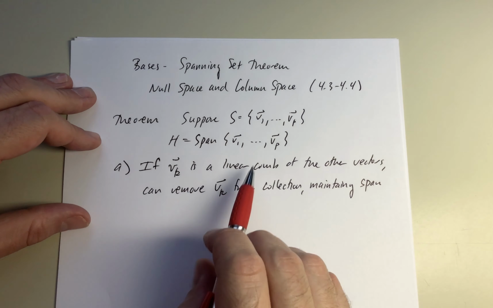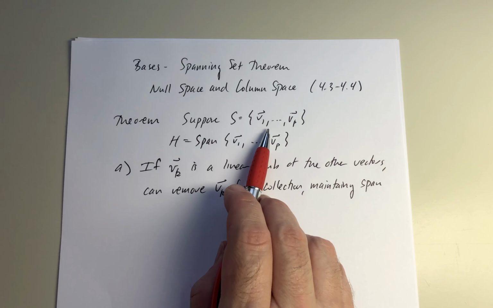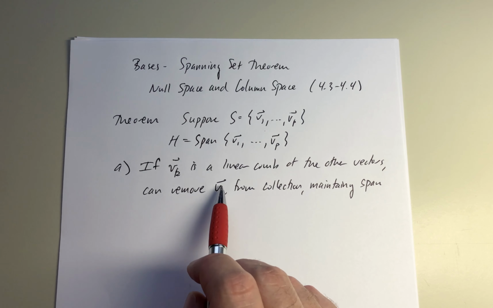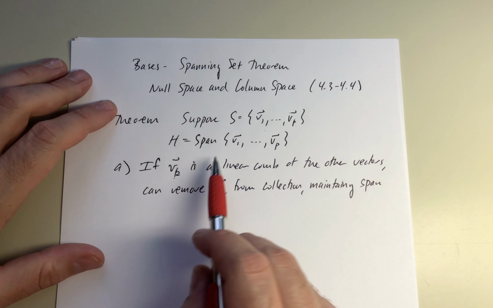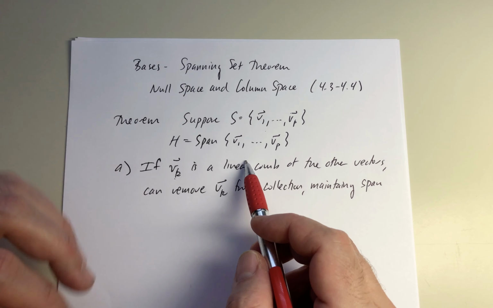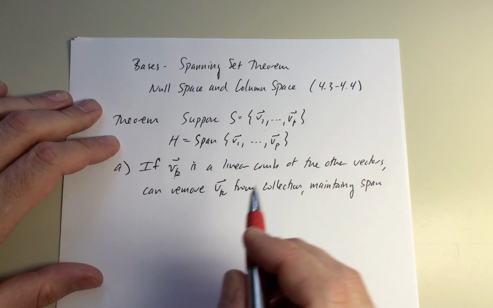If you pop out vk from this collection, then the span of what's left is equal to the span of what you had. That should not be too surprising, because if vk is a linear combination of the other vectors, you didn't need it in the collection to make your span. It was a redundant thing.